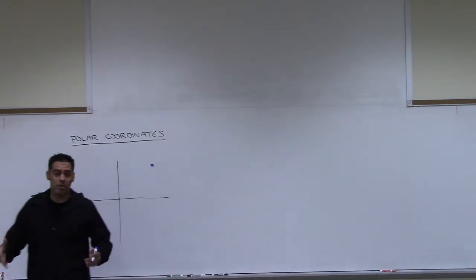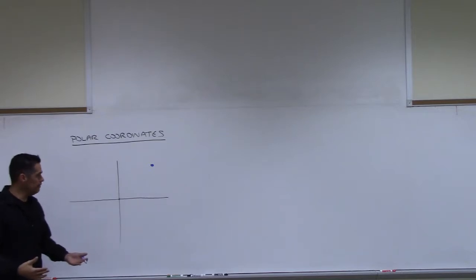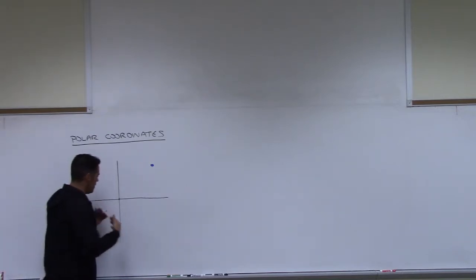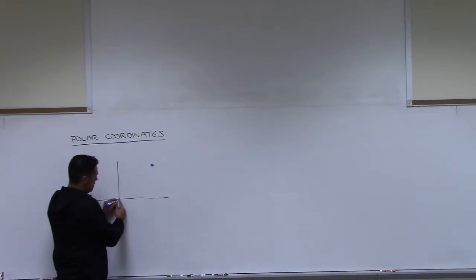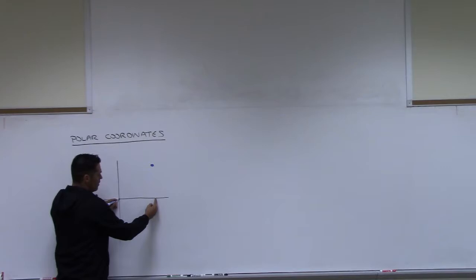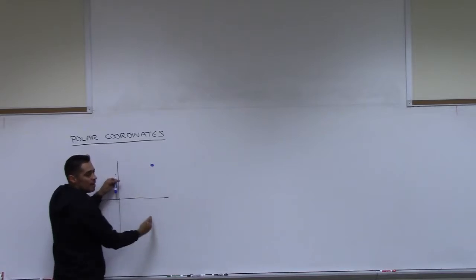The way that we've learned to do it is by asking somebody to provide us two pieces of information. An x-coordinate and a y-coordinate, correct? The x-coordinate will tell us how far to move along the x-axis, and then the y-coordinate will tell us how far to move up or down, which is parallel to the y-axis.